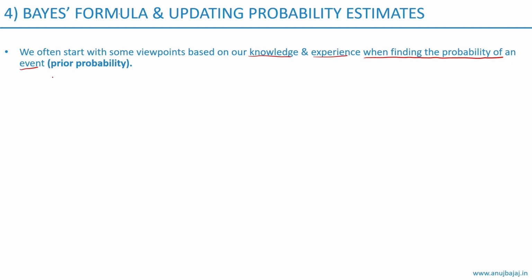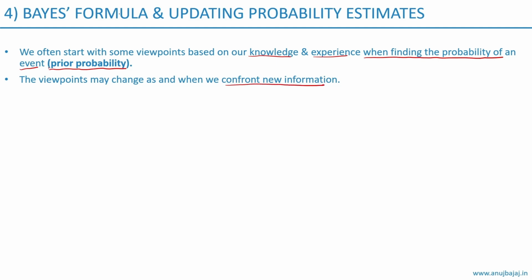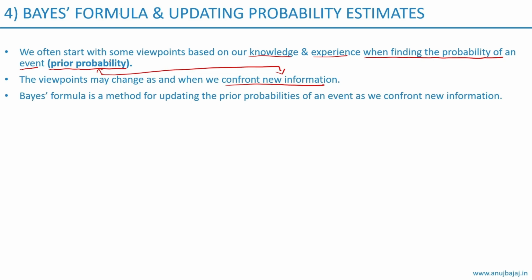And this probability is referred to as the prior probability. The viewpoints that we had earlier may change as and when we confront any new information. So the prior probability we calculated was the probability before any new information has occurred. That's why it is referred to as the prior probability.